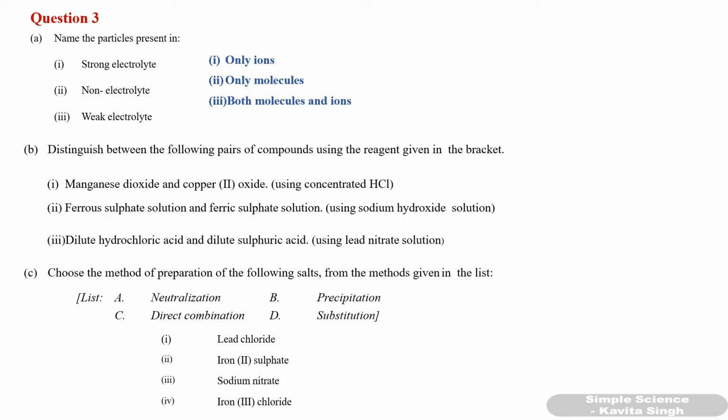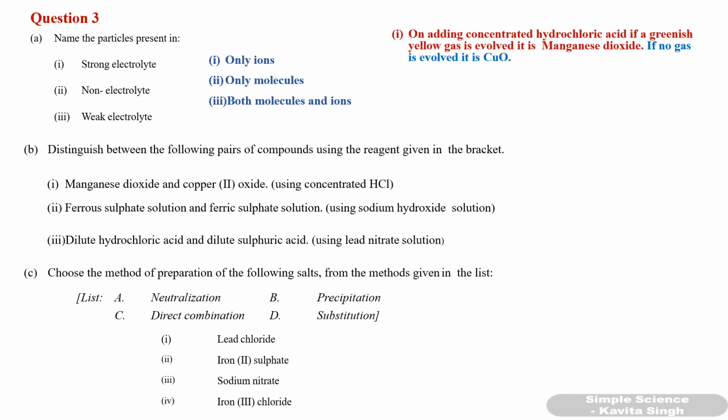B part: distinguish between the following pairs of compounds using the reagent given in the bracket. Manganese dioxide and copper(II) oxide. You have to distinguish between them when they react with concentrated hydrochloric acid. On adding concentrated hydrochloric acid, if a greenish yellow gas is evolved, it is manganese dioxide. If no gas is evolved, it is copper oxide.